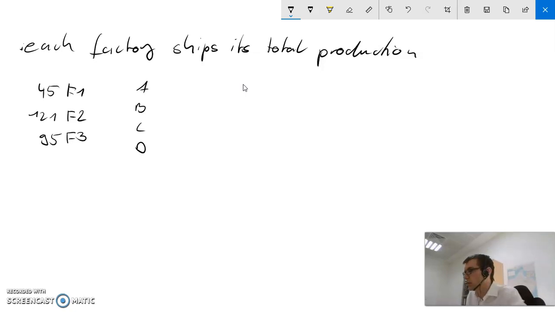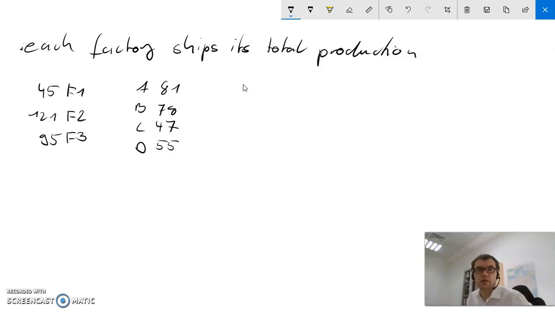Customer A requires 81 cases, customer B 78 cases, customer C 47 cases each day, and finally customer D requires 55 cases per day.